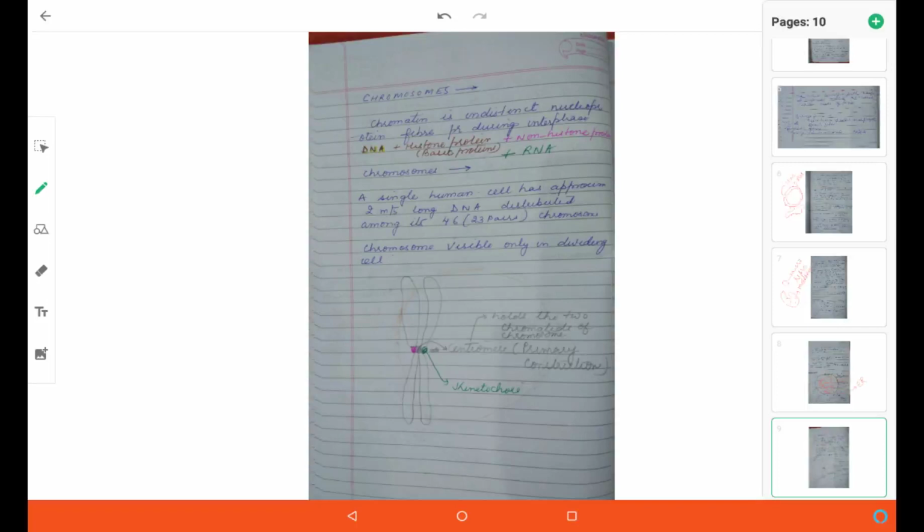Look at this chromosome. This is metaphase chromosome. At the center, these are the two chromatids joined by the centromere. Each chromatid has a centromere in between, and above the centromere, coin-like structures called kinetochores are present.